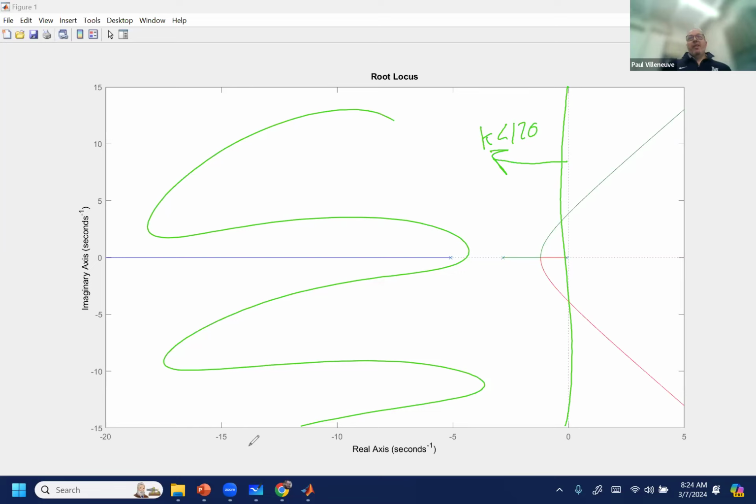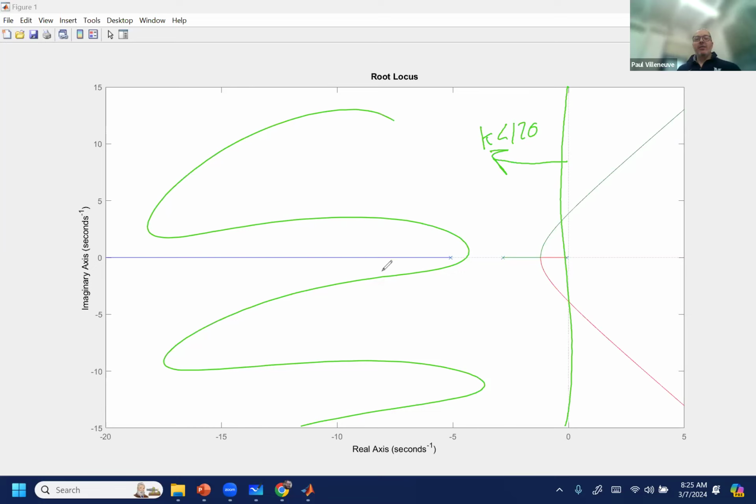We'll be doing a lot more of this, I think, in the next section after we get through steady state errors, because there's a lot of calculations that need to be done. Because one of the nice things about MATLAB is MATLAB can do 10 million calculations in half of a second, right? How long would it take you to do 10 million calculations? A lot longer than half of a second.